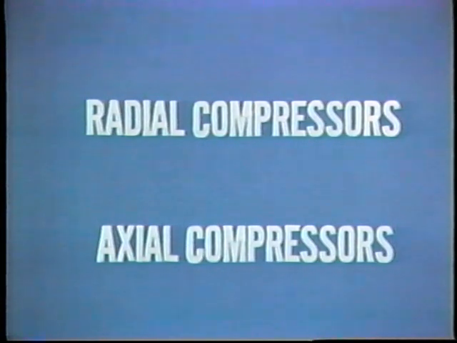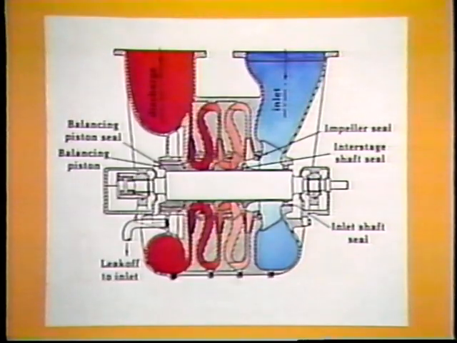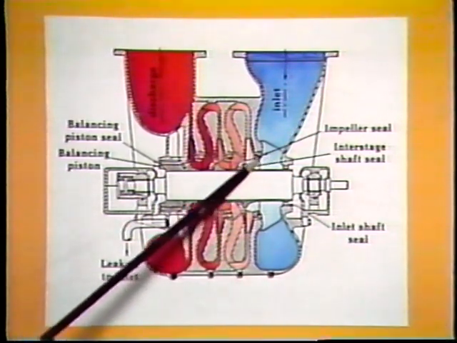The basic principles which make a centrifugal compressor work are used in two compressor designs, radial and axial. These terms simply refer to the way in which air is directed through the compressor. For example, this is a multi-stage radial compressor.